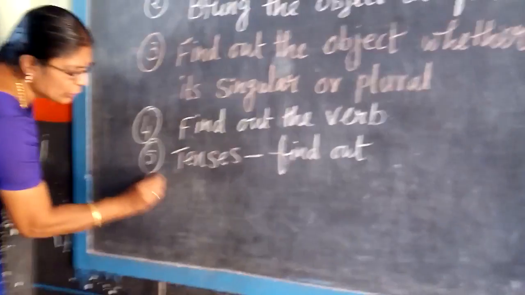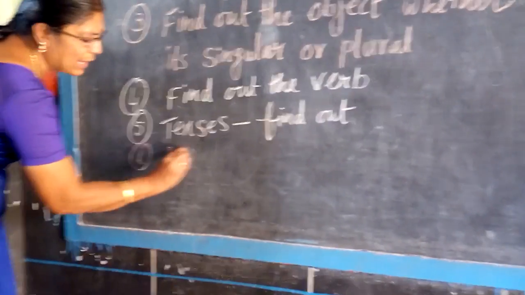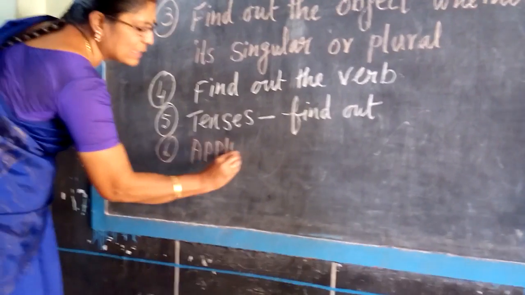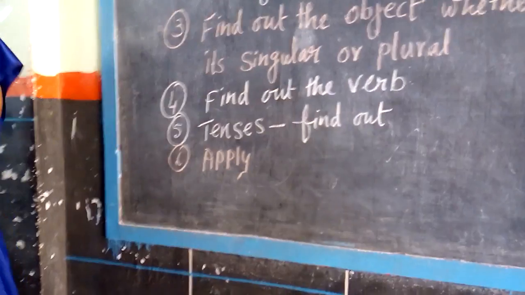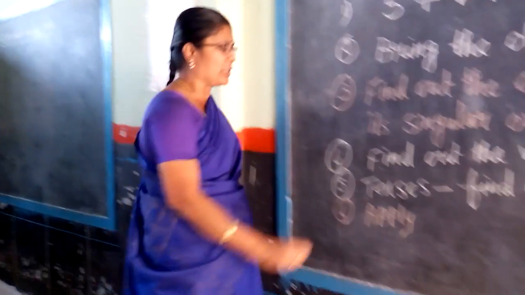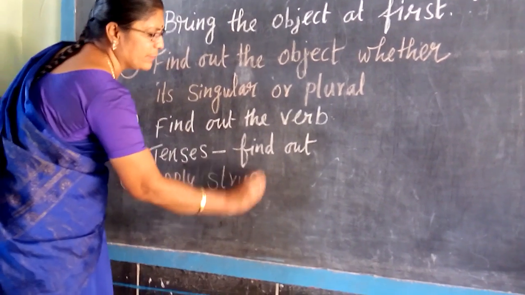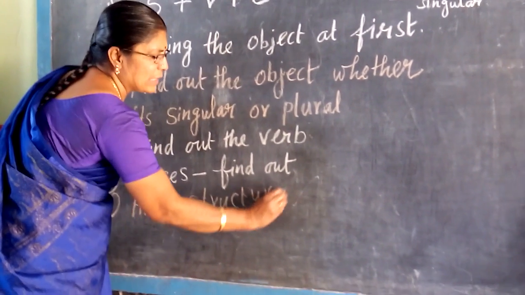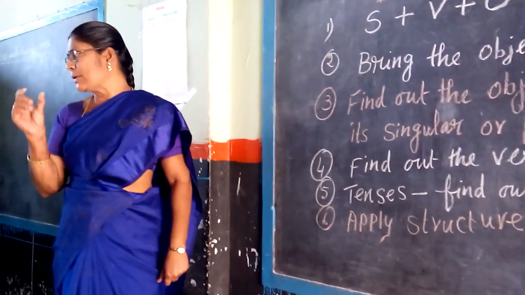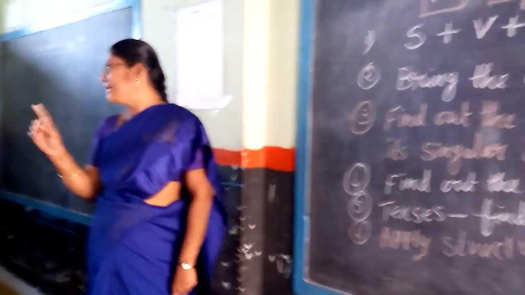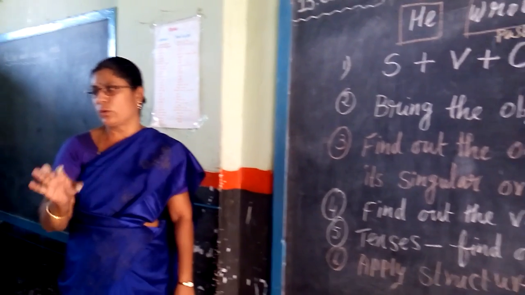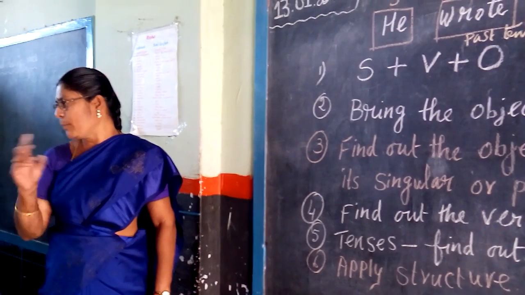Next, after that, you have to apply the formula. Formula is nothing but the structure. Apply the structure, or you can call it a formula. I will give the list of the formulas for you. Before that, you must know how many tenses are possible for changing active to passive.